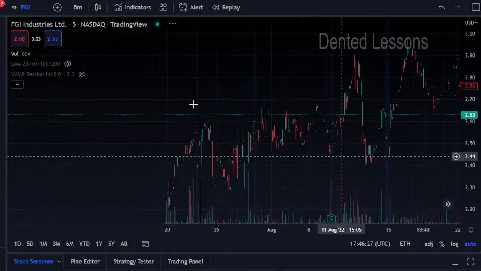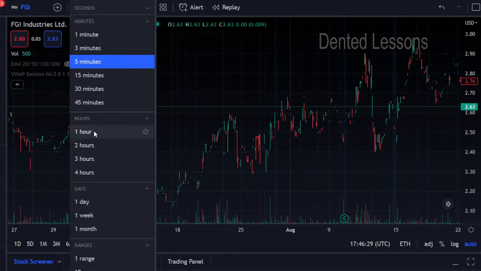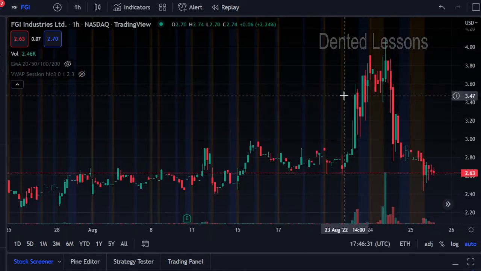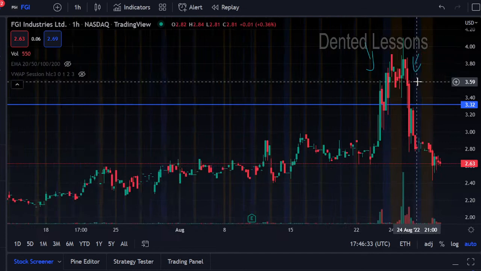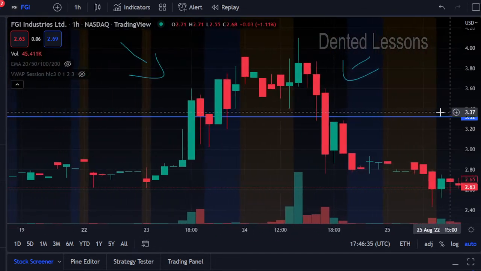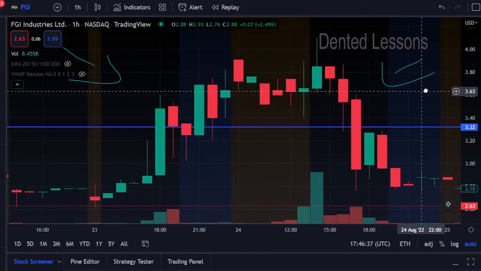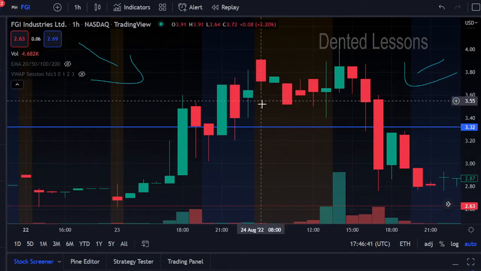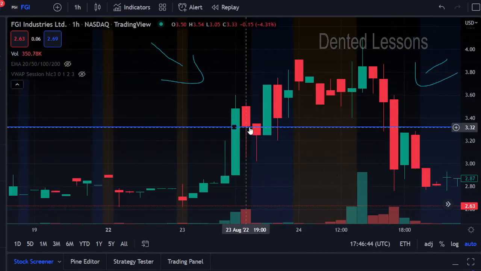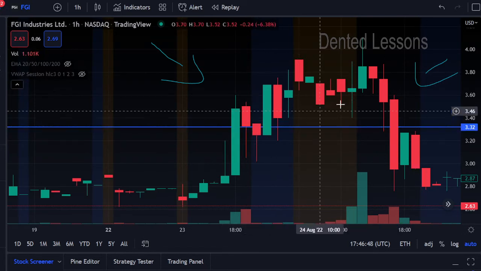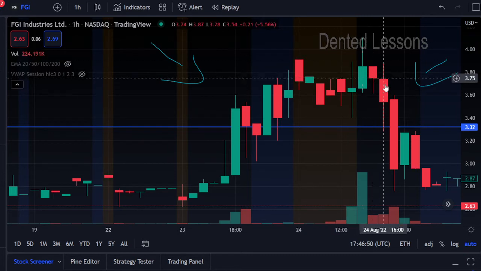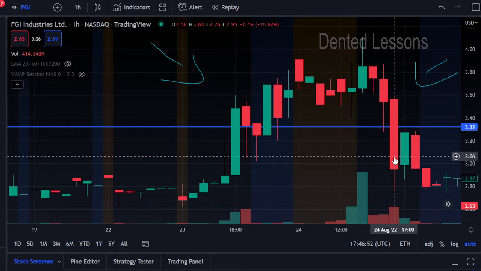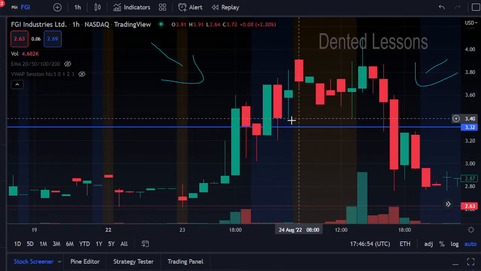Look at a couple more charts, just to give a couple more examples on this one. This is FGI. So we had this previous daily close here. As you can see, we had a big gap up, and I'm looking at hourly candles at the moment.